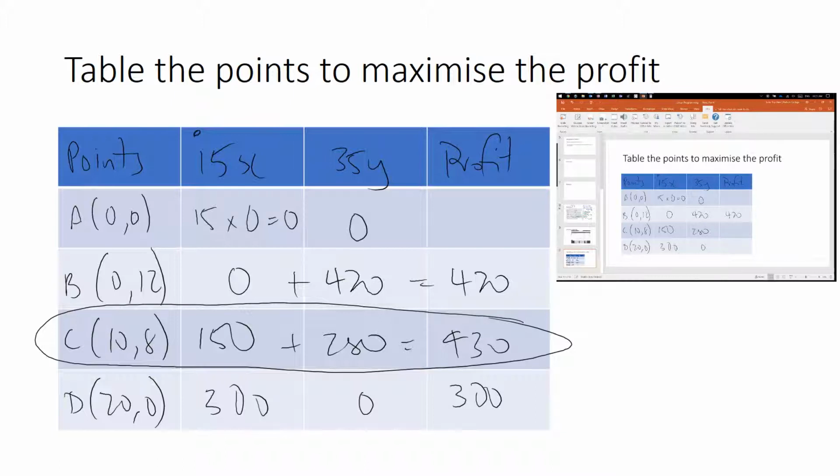That's 420. That's 430. And that's 300, just by adding along there, isn't it? So where is our profit maximised? The bottom of 300, I mean 430, sorry.